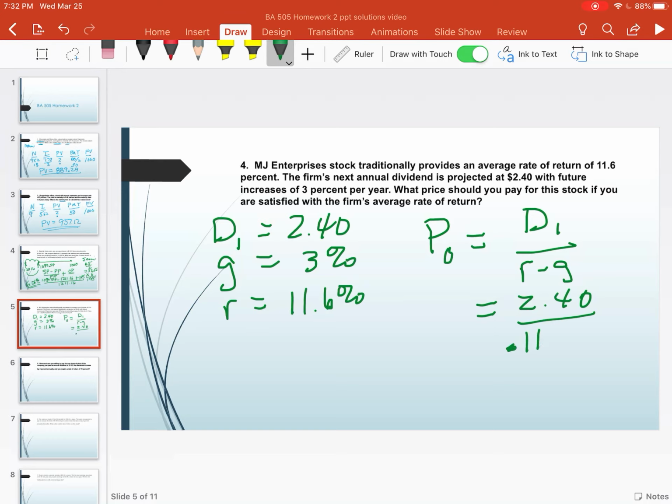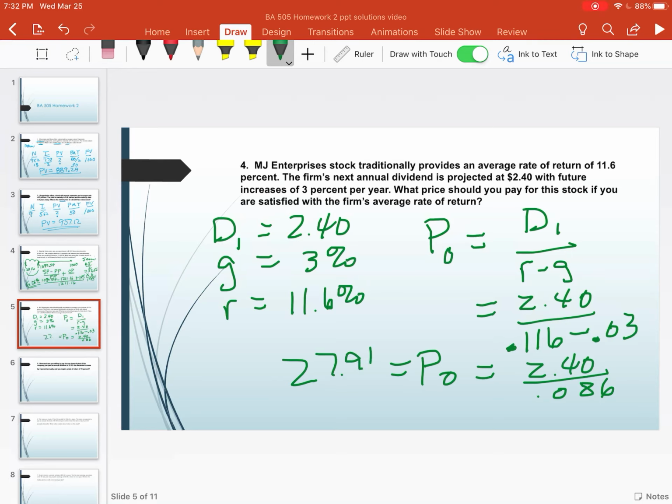So it's going to be 0.116 minus 0.03, okay, for our growth rate. And that is actually going to solve for 2.40 over 0.086, which is equal to, and we do the math, a price for P naught, which is equal to $27.91. Okay? All right.